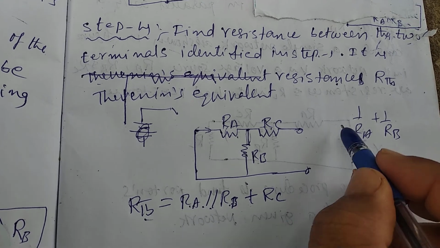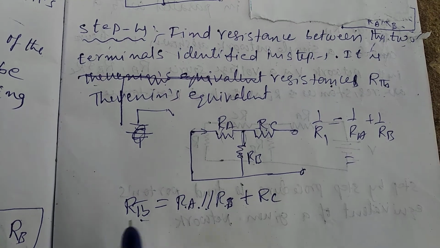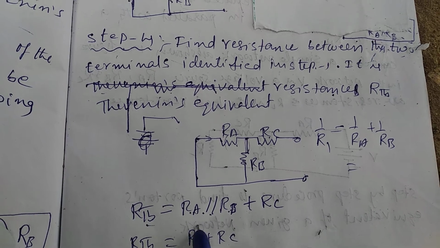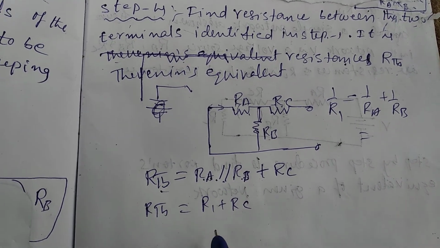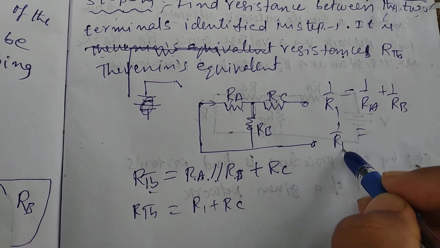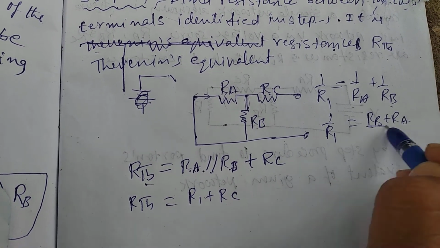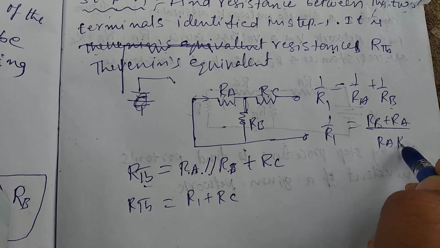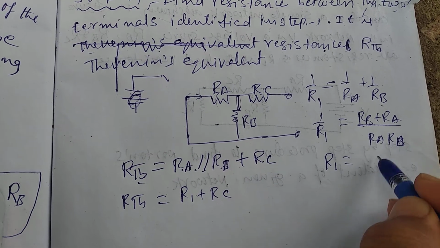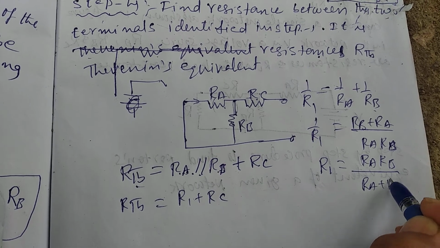Then Rth equals R1 plus Rc, where R1 is the combination. Taking the cross multiplication, 1 by R1 equals (Rb plus Ra) by Ra Rb, and reversing it, R1 equals Ra Rb by (Ra plus Rb).